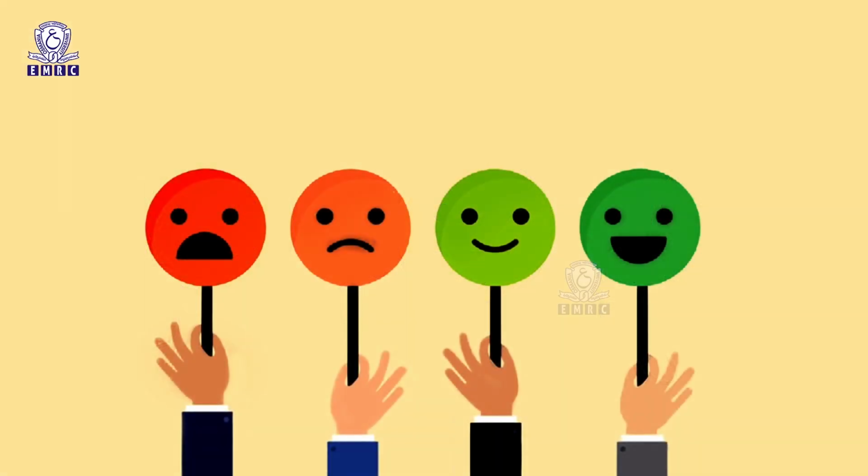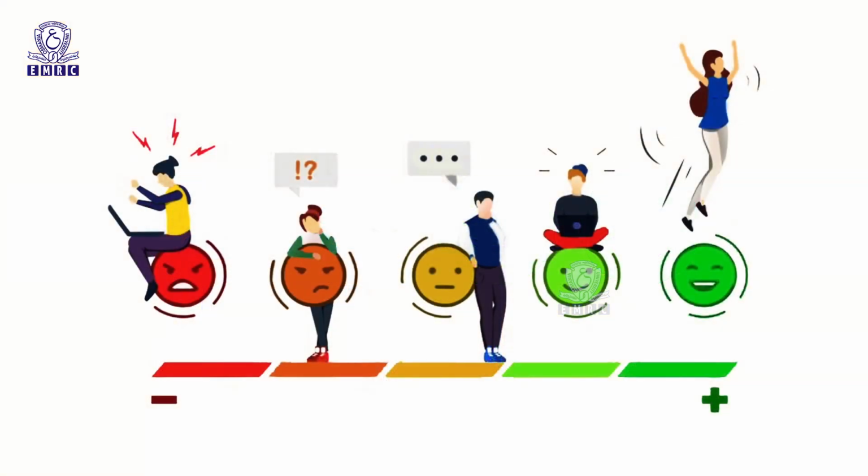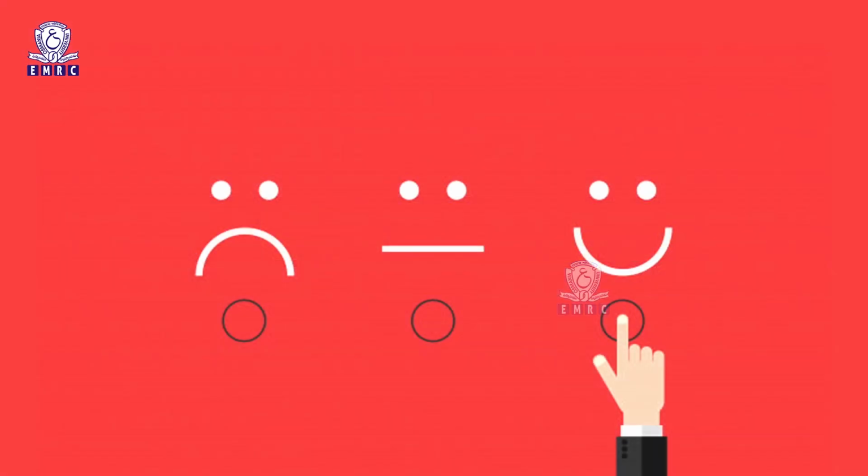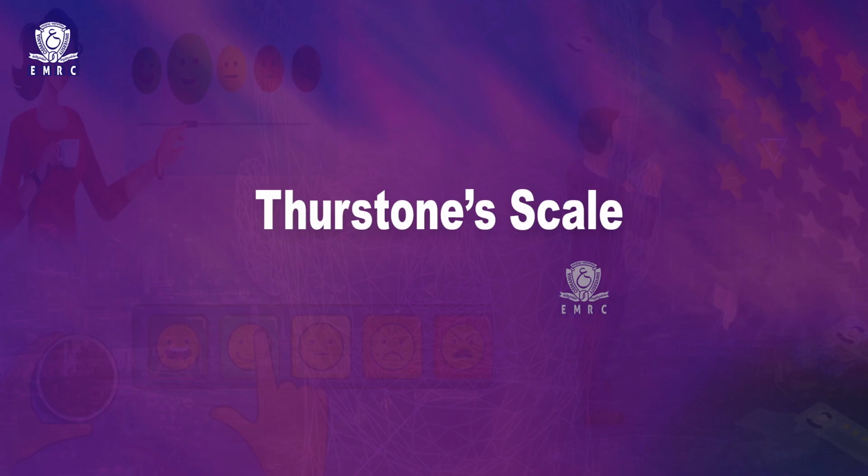Theoretically, an individual whose attitude is at a certain point on the dimension being measured will answer favorably all the items on one side of that point and answer unfavorably all those items on the other side of that point. So, cumulative, put together, that is his score. We will start with the most important, very popular Thurstone's scale.